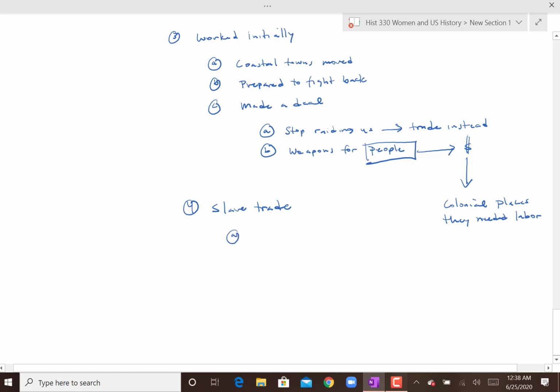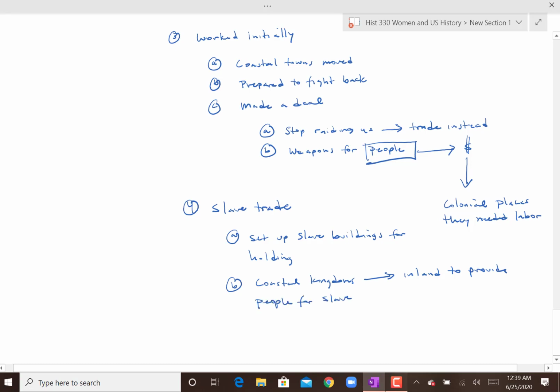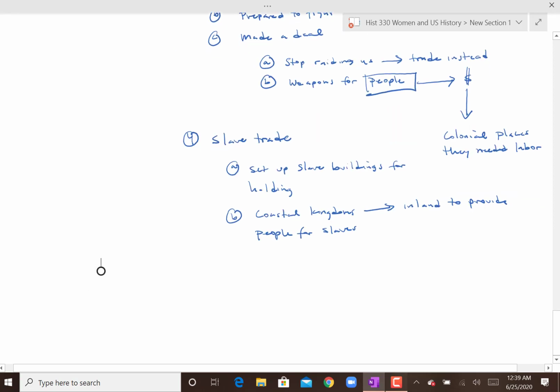And the Europeans set up slave buildings, barracks, basically, for holding. And then the coastal kingdoms who were working with them would go inland to provide people for slaves. When they started initially, the demand worked to have it be just captured warriors, right?